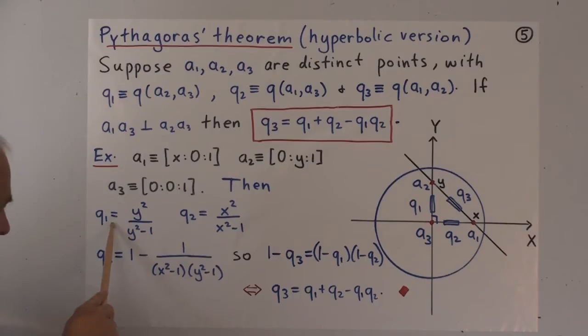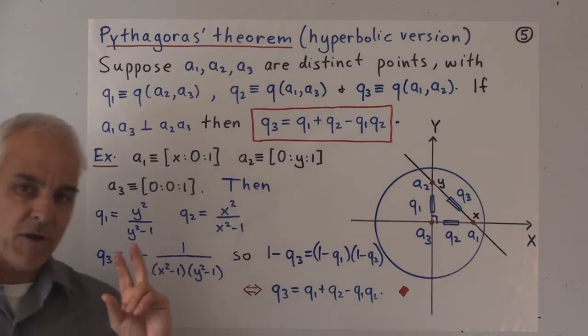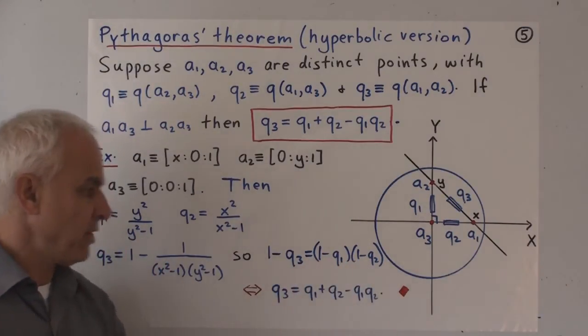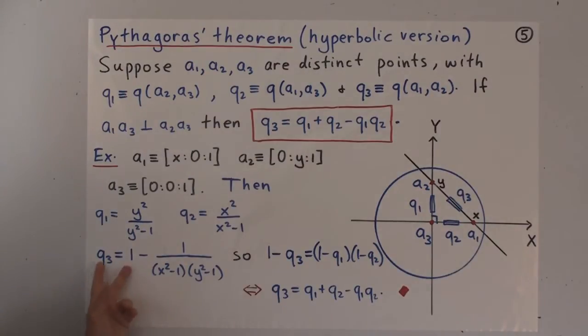So what's the relationship between this Q1, this Q2, and this Q3? Well, it's simpler in this case if we think about 1 minus Q3, 1 minus Q1, and 1 minus Q2. Because 1 minus Q3 here is just exactly this expression, 1 over x squared minus 1, y squared minus 1. Now what is 1 minus Q1? Well, you're going to get 1 minus this thing.